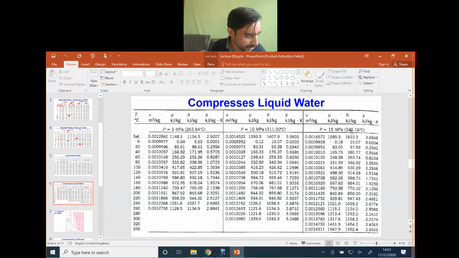Only one thing I would like to show you. On page number 924, all the compressed tables are given, and the range of pressure is 5 megapascals, 10, 15, 20, 30 and 50 megapascals.